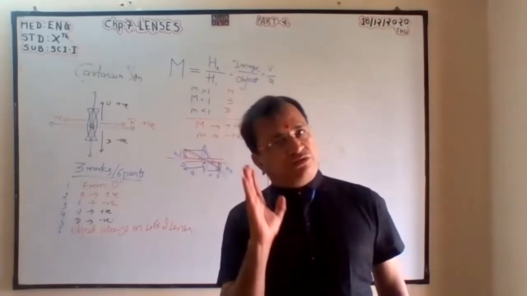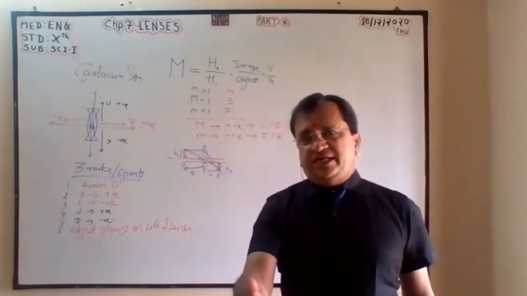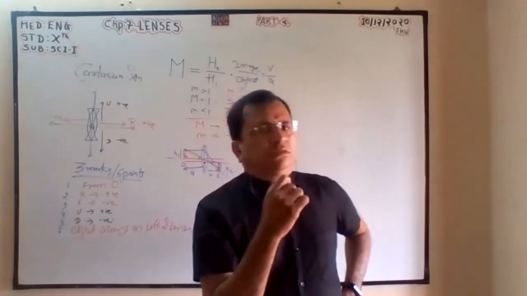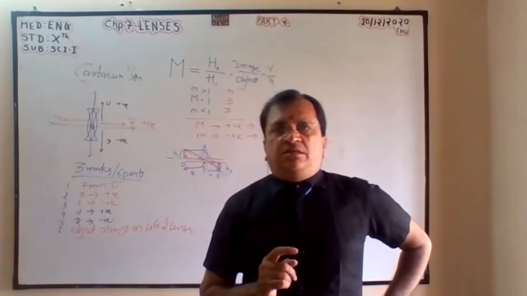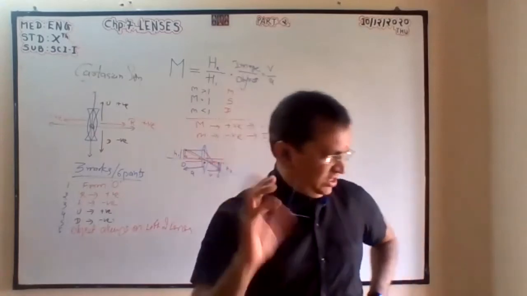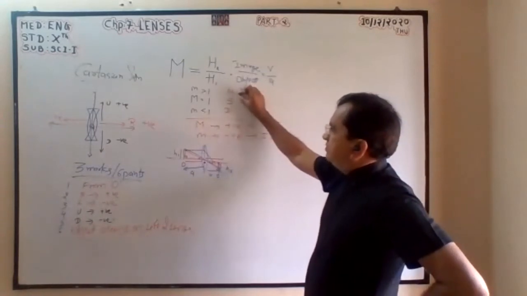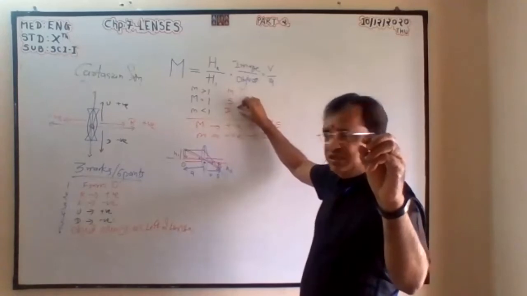First, just see the number, because in numericals you have to judge the nature of the image. So if the ratio is 1, object and image are the same. If m is greater than 1, it is magnifying. If m is less than 1, it is diminished.